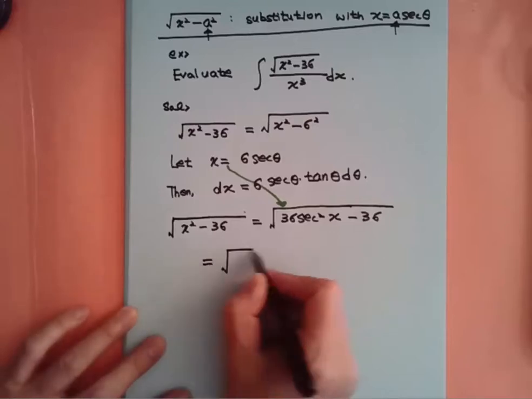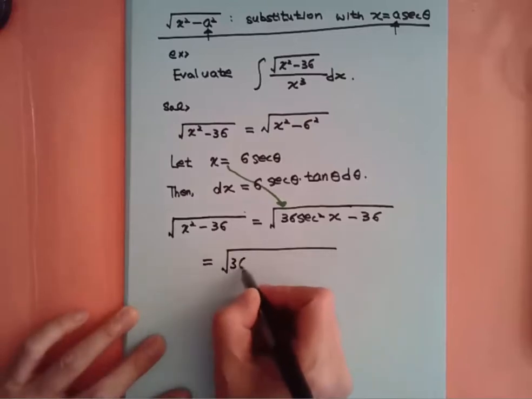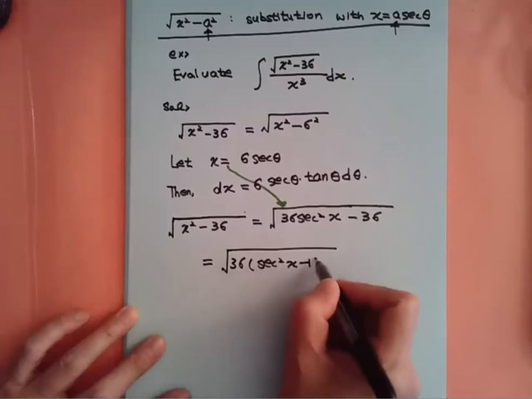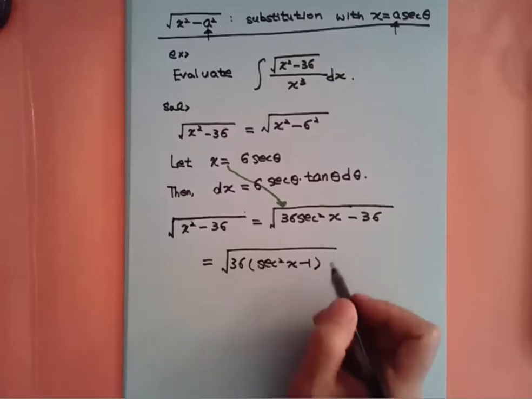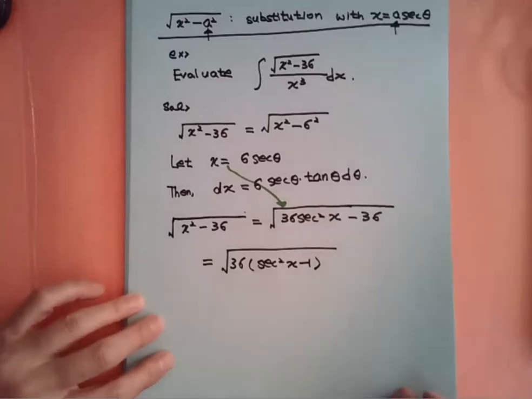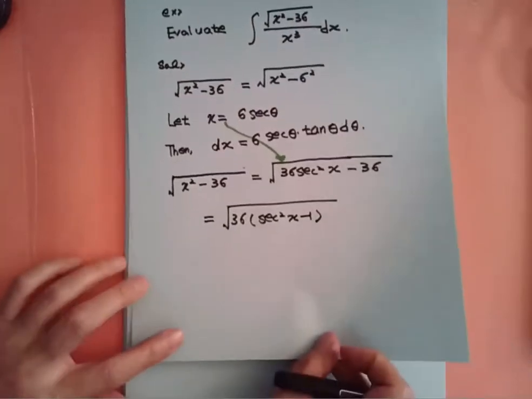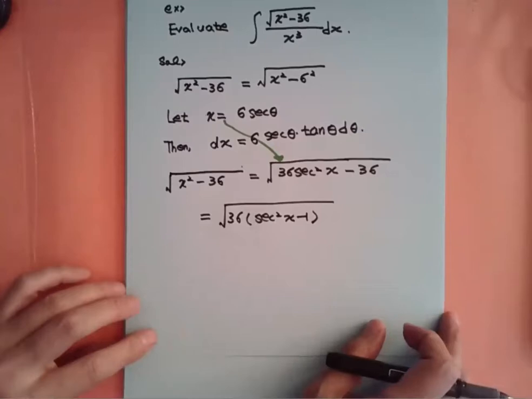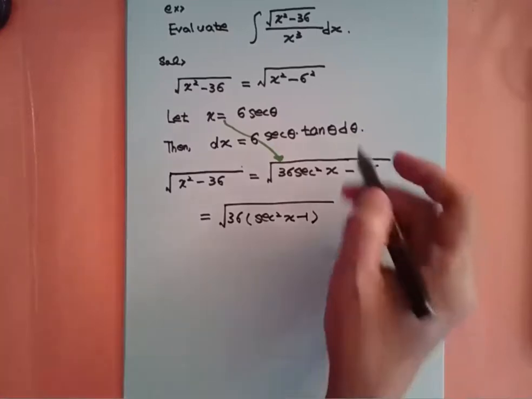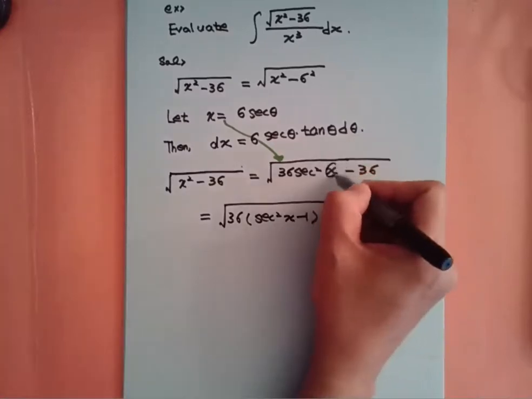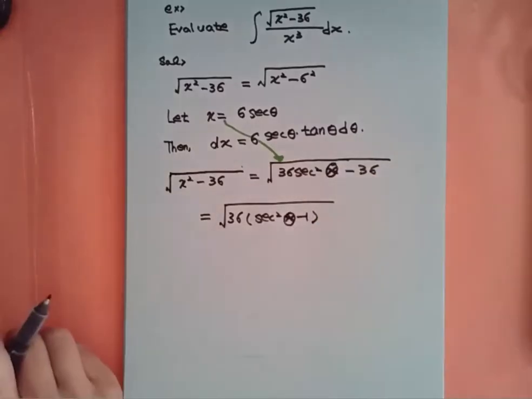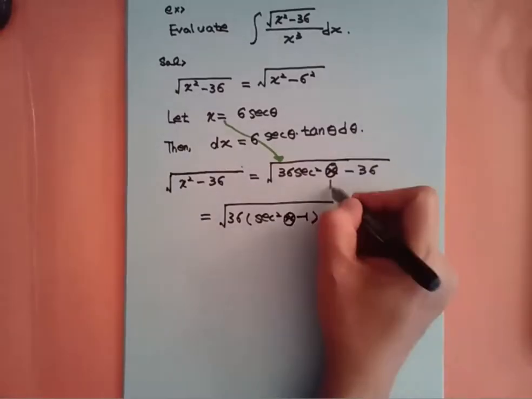So square root of 36 open parenthesis secant squared theta minus 1.